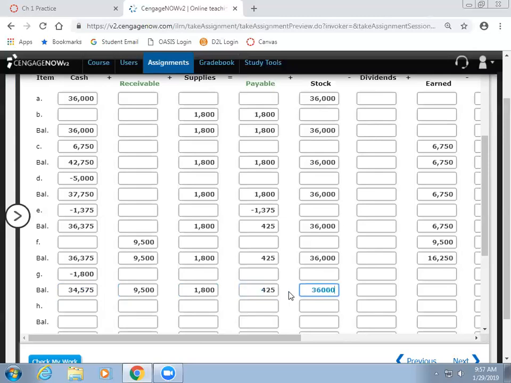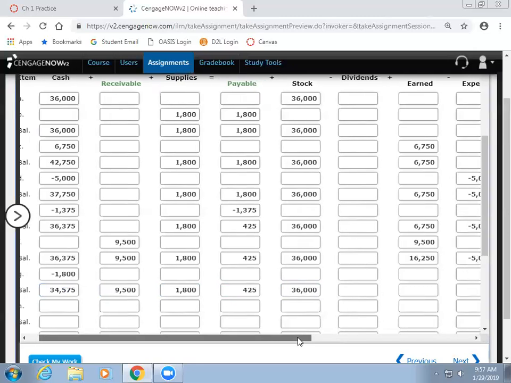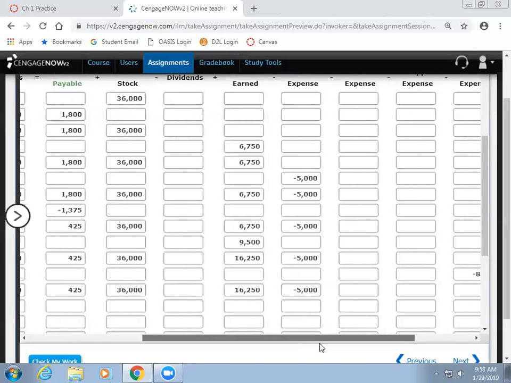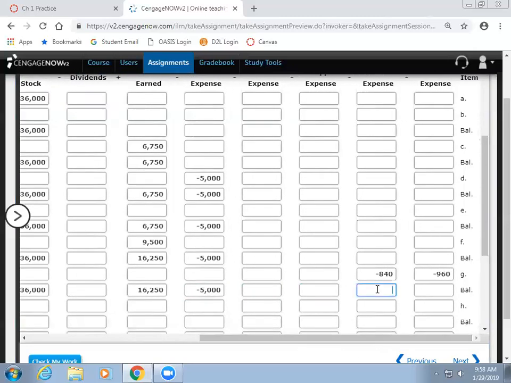Common stock is $36,000. My fees earned is still $16,250. Rent expense is still negative $5,000. And then I just need to carry down those 2 new expenses: the negative $840 for auto and negative $960 for miscellaneous.